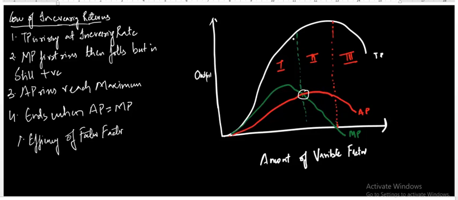With the increase in the amount of the variable factor, the production is rising at an increasing rate, and the efficiency of the fixed factor itself improves.